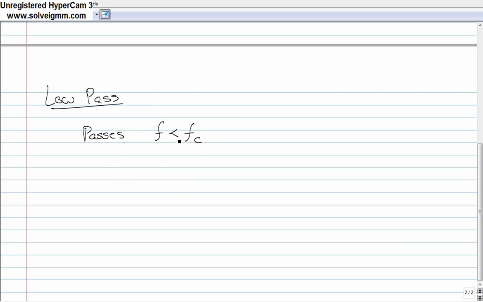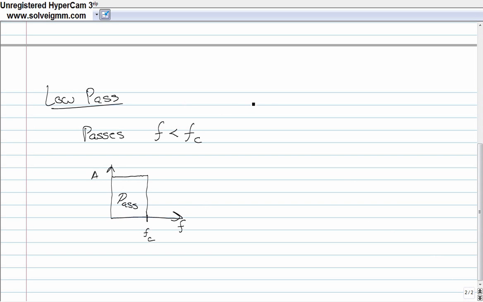See, it's a low pass. In terms of the ideal filter, if we were to look at a graph of amplitude and frequency, it would look something like this. This point right here is F sub C, and this is all that it would pass. So that's a low-pass filter.